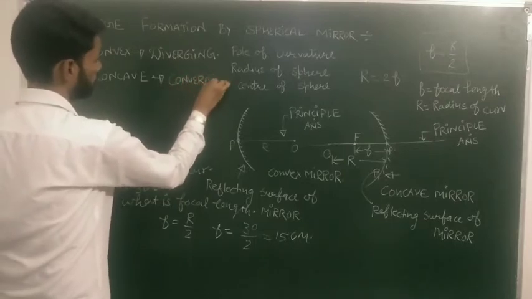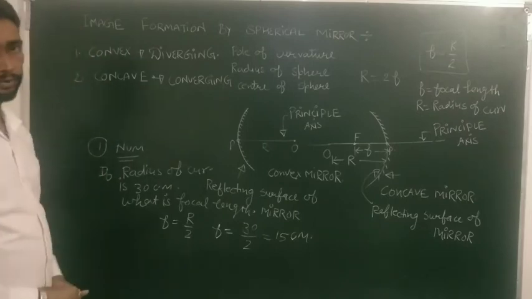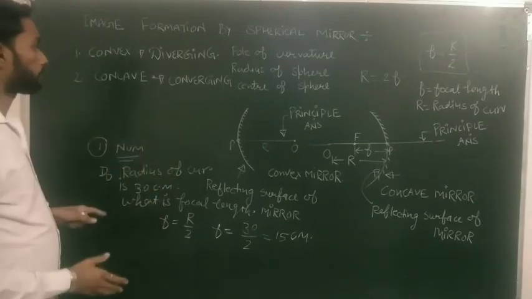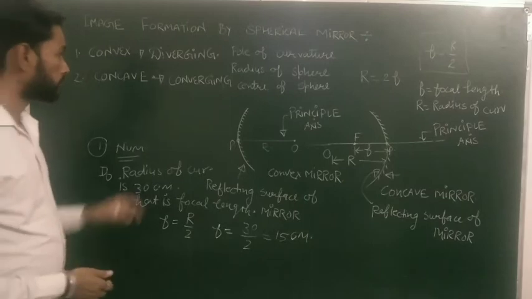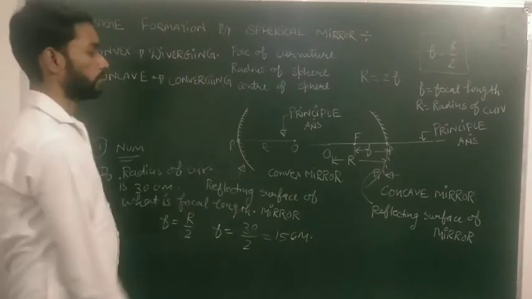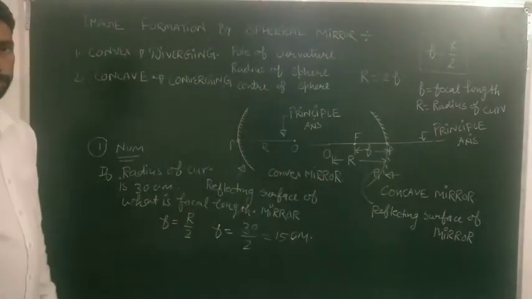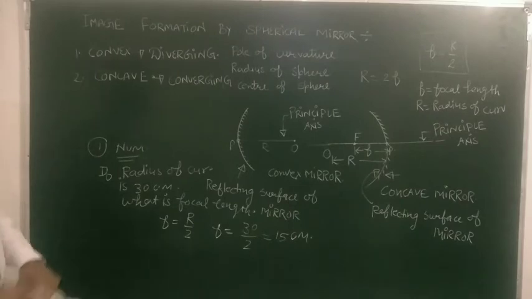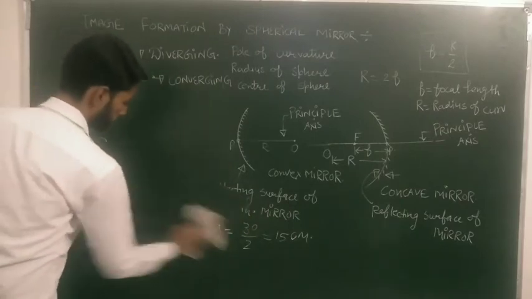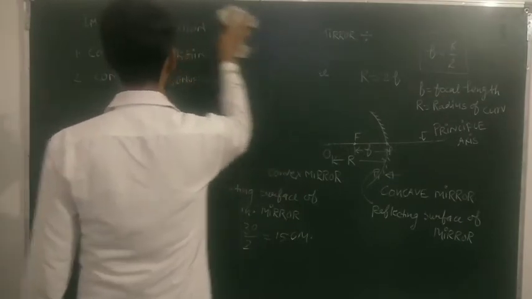Why converging? Because it converges the rays of light. So we draw a diagram in which we describe convex as diverging and concave as converging. Next is the converging and diverging diagram.